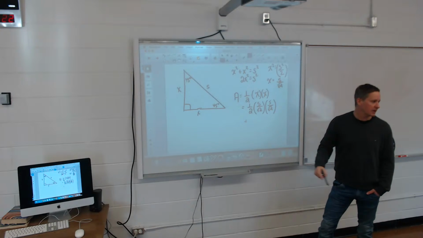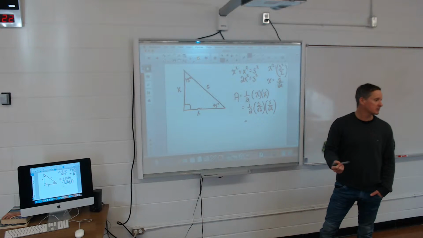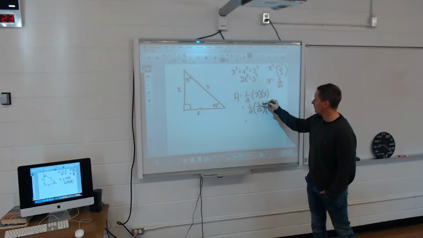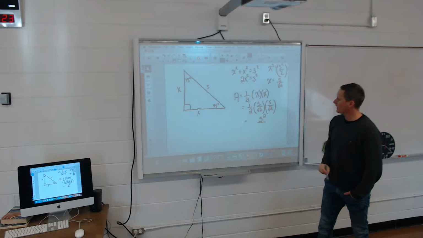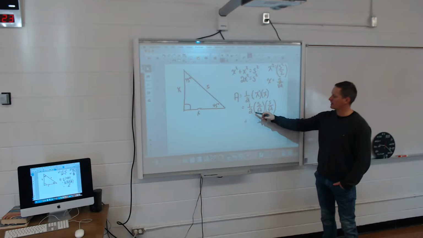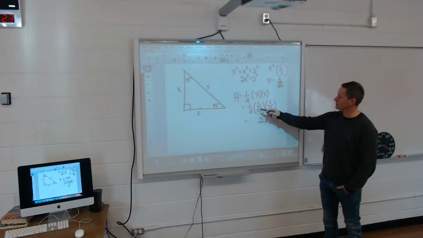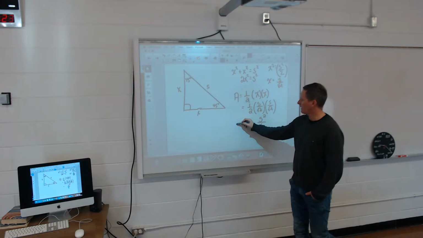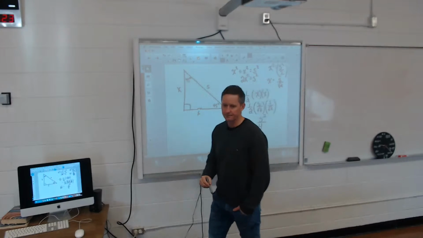So square root 2 times square root 2 is just 2, right? So if I multiply across the top, I get s squared. And if I multiply across the bottom, root 2 times root 2 is the same as 2 times 2, which is 4. And that's how I get my area.